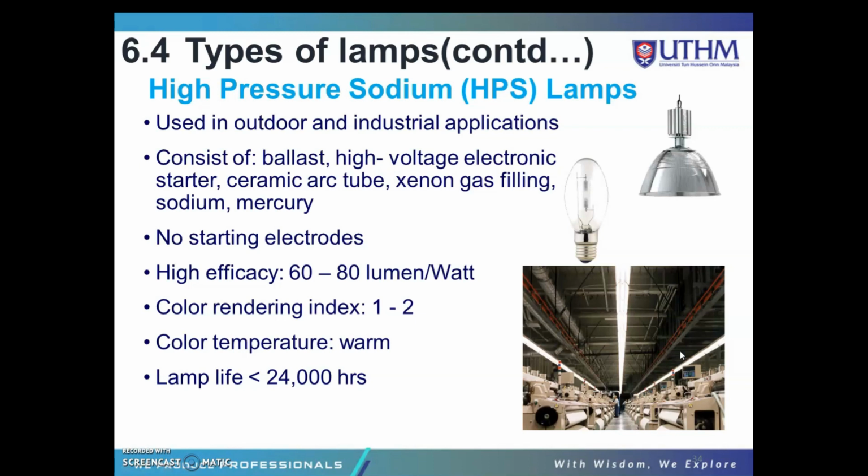They consist of a ballast, high voltage electronic starter, ceramic arc tube, xenon gas filling, sodium and mercury. These HPS lamps have no static electrodes, and a high efficacy of around 60 to 80 lumens per watt. The CRI is 1 to 2, the color temperature is warm, and the lamp life is less than 24,000 hours.